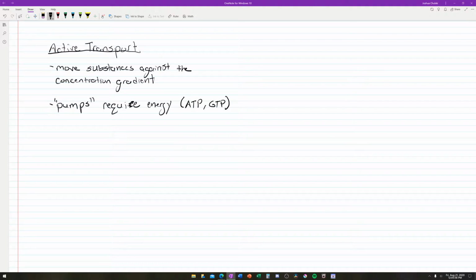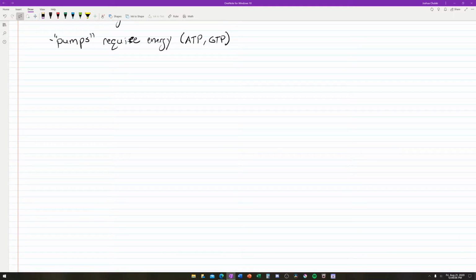To illustrate this, I'm going to use one of the most common pumps in the human body, called the sodium potassium pump. It's also called the sodium potassium ATPase.